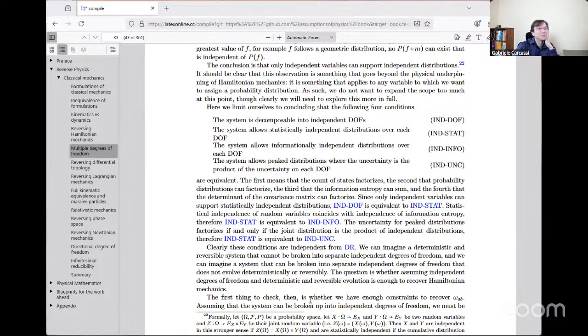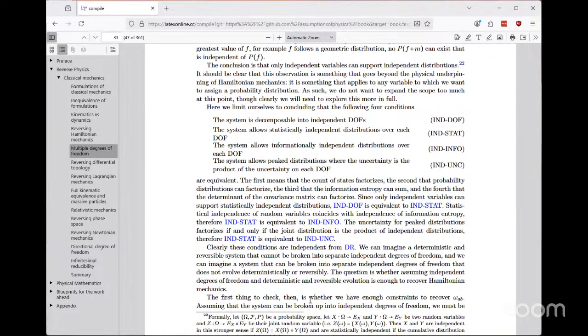It should be clear that this observation is something that goes beyond the physical underpinning of Hamiltonian mechanics. It is something that applies to any variable to which we want to assign a probability distribution. As such, we do not want to expand the scope too much at this point, though clearly we will need to explore this more in full.